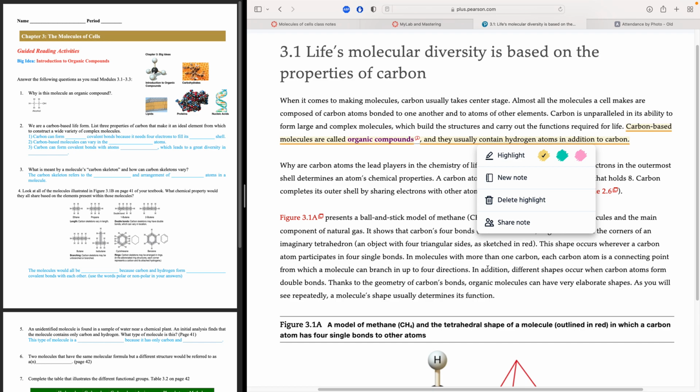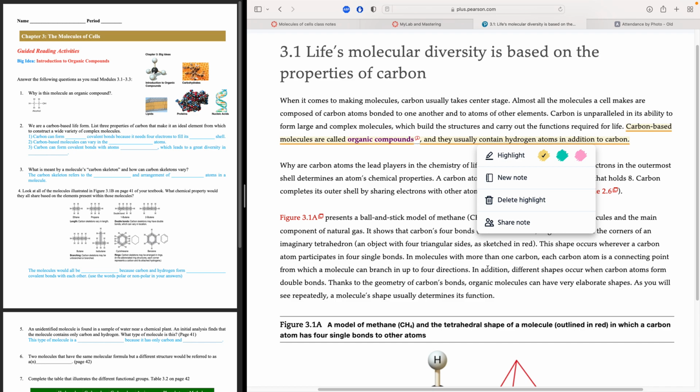What is the atom that you have to have in there in order for it to be called organic? Hydrogen? I heard hydrogen. Anything else? Carbon. It's really carbon. Carbon molecules are called organic.